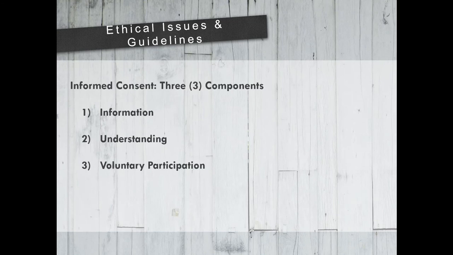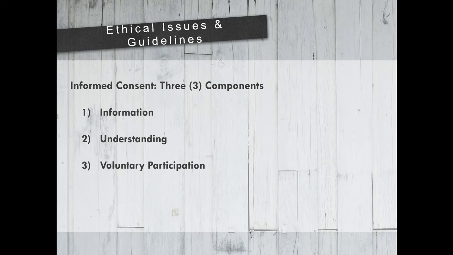There are three components of informed consent. First is information. You provide participants with complete information about a research study prior to their participation. Second is understanding. Simply telling the participants about the research does not necessarily mean they are informed.